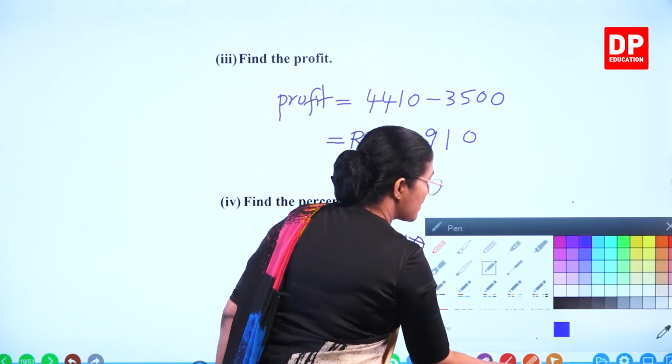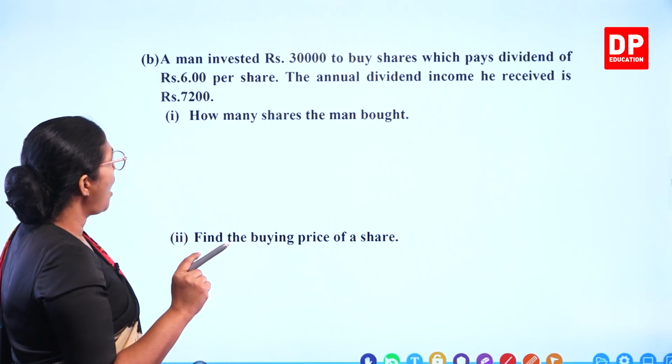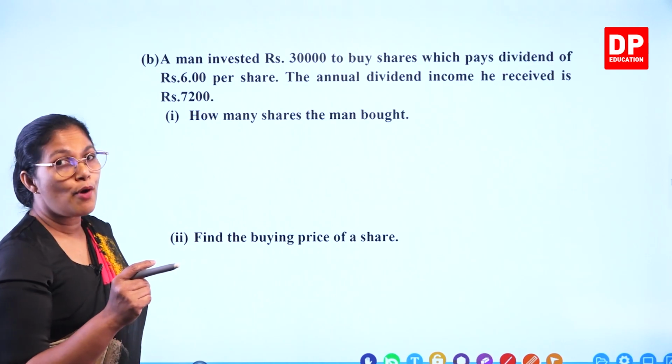And let's take the next one. Part B. A man invested 30,000 rupees to buy shares which pays dividend of 6 rupees per share. The annual dividend income he received is 7,200. How many shares the man bought?